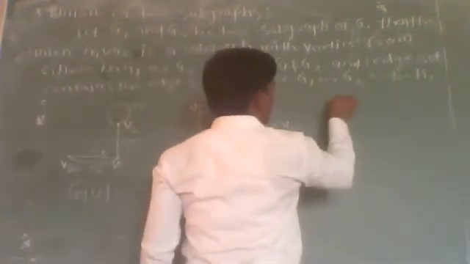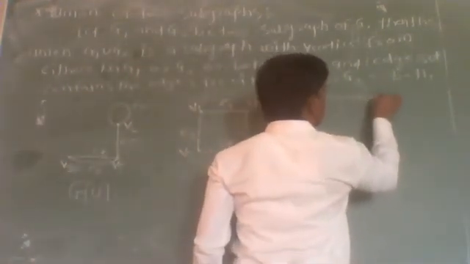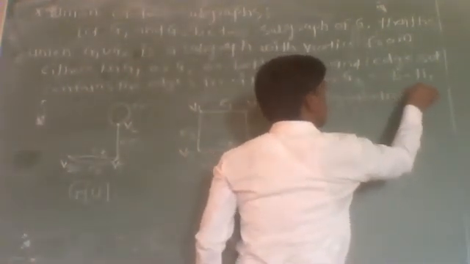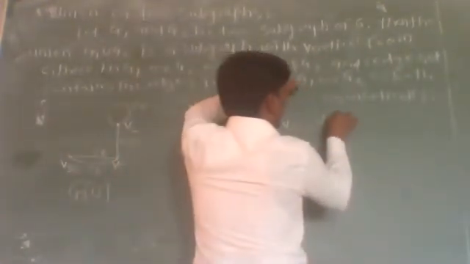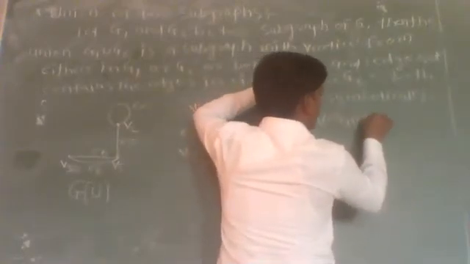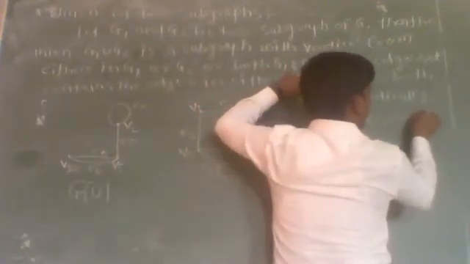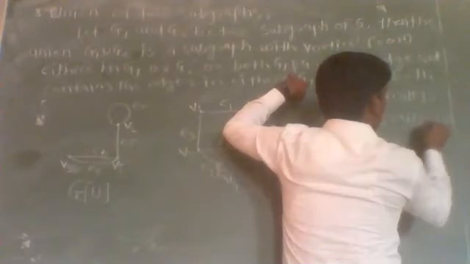Symbolically, it can be written as: the vertex set of G1 union G2 is nothing but the vertex set of G1 union the vertex set of G2.